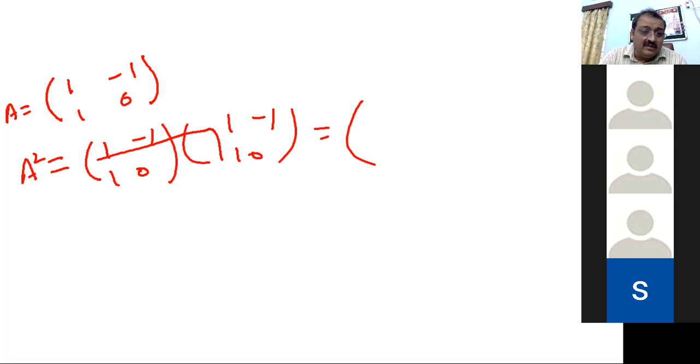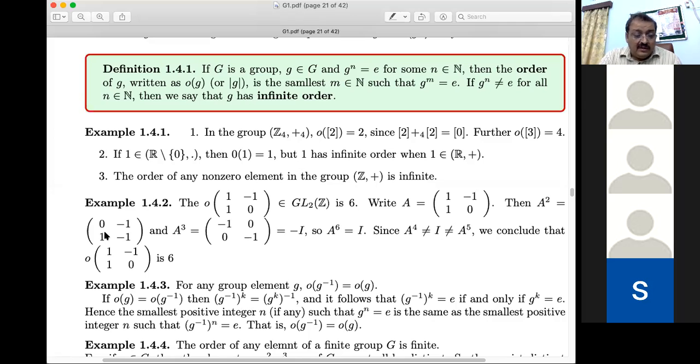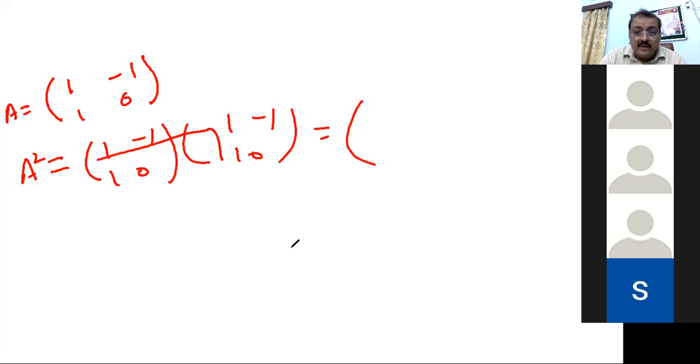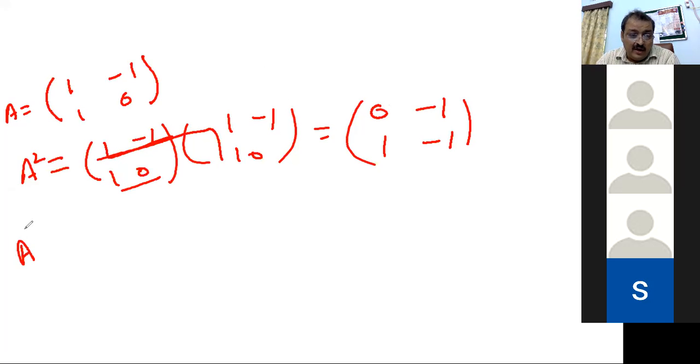The first entry is 0, and this multiplied gives us -1, and then 1, and again -1. Now A cube can be written as A square into A.